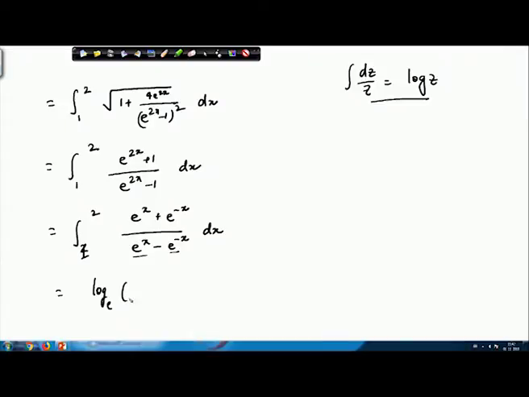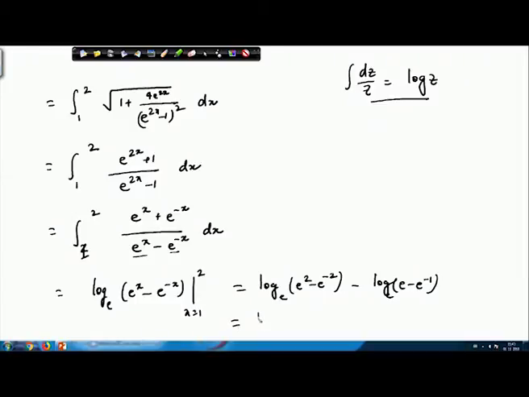So, log of e to the power x minus e to the power minus x, with x from 1 to 2. So, this will reduce to log of e to the power 2 minus e to the power minus 2 minus log of e minus log of e minus 1, both with base e.